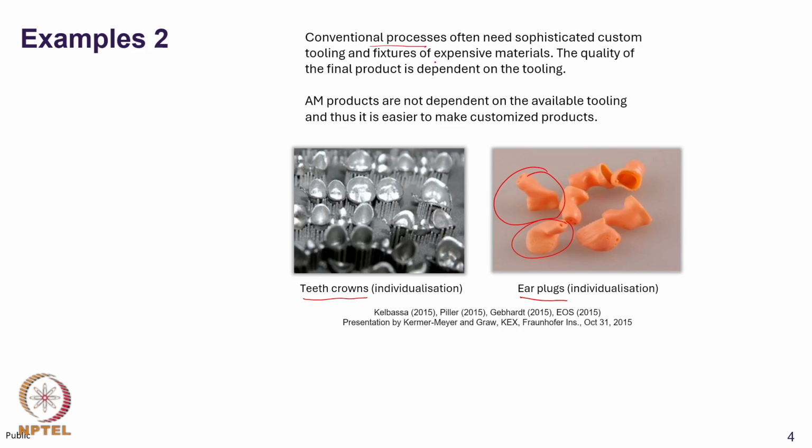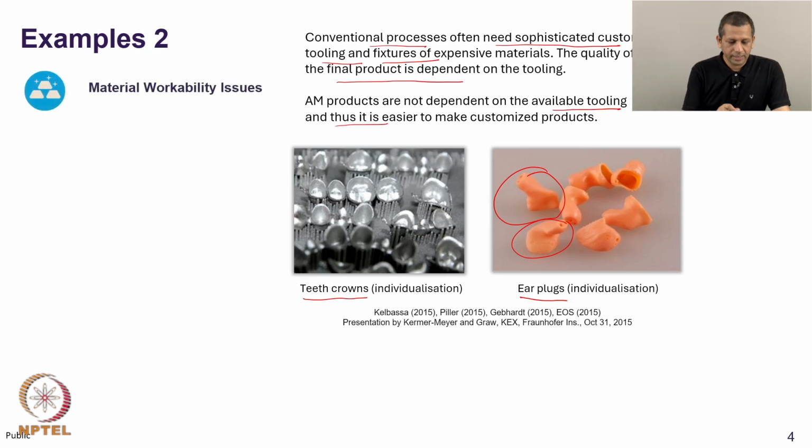Conventional processes need sophisticated custom toolings and fixtures which are difficult to make and expensive. They are made of very sophisticated materials, and based on individual designs, the tooling change is not very feasible. The quality of the final product is also heavily dependent on what type of toolings and dies are used.